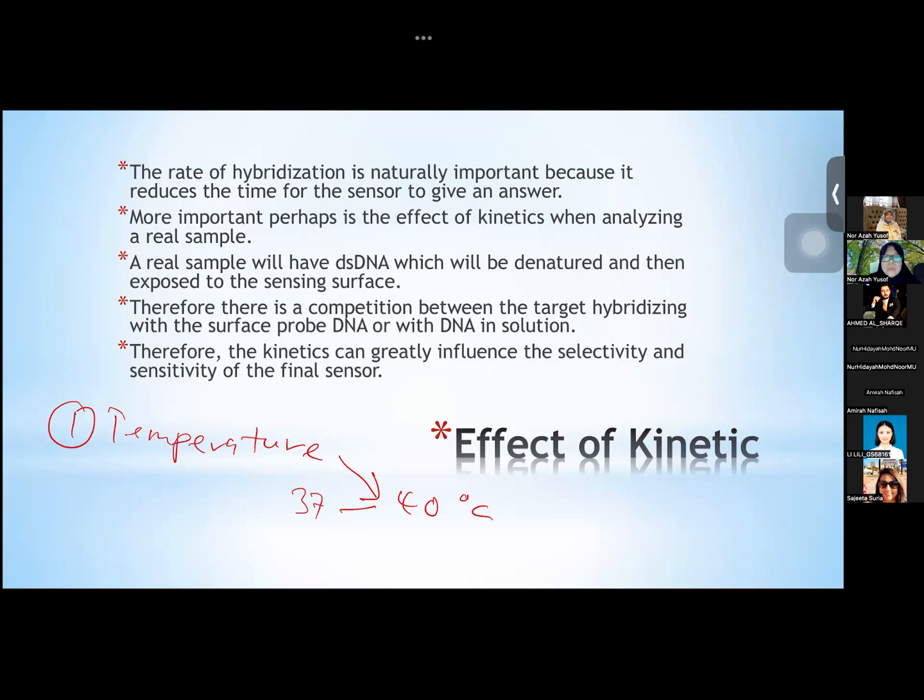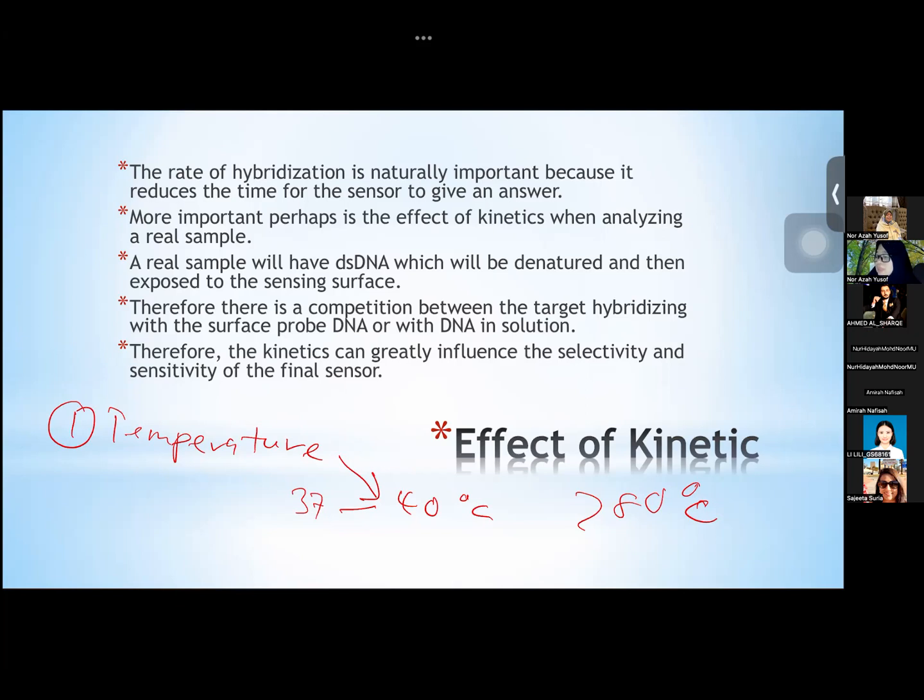That's where all the biomolecules are actively moving. So that is the effect of kinetics. You don't go beyond 80 degrees because that will start to denature, kill the proteins, meaning they are broken down into molecules.